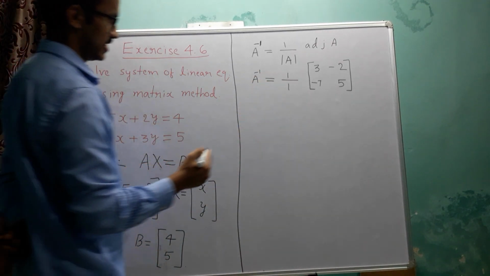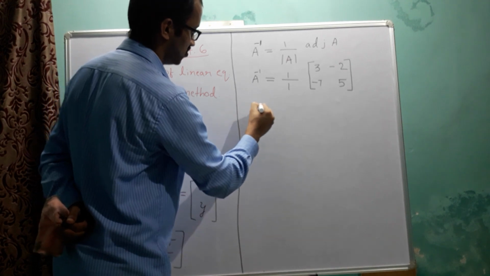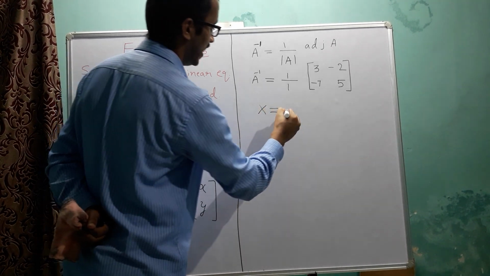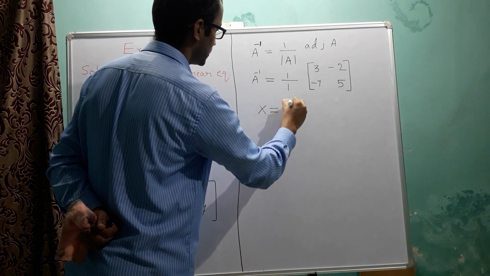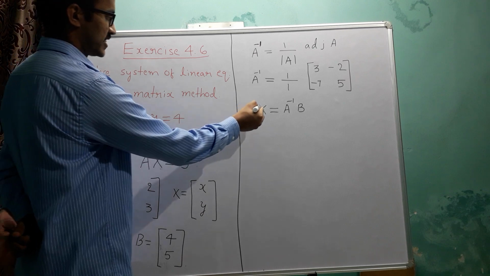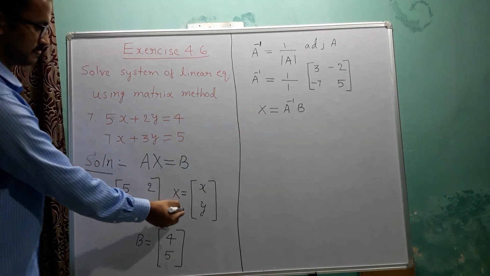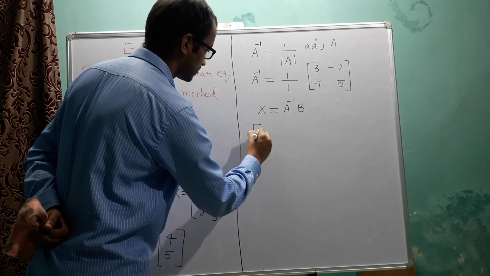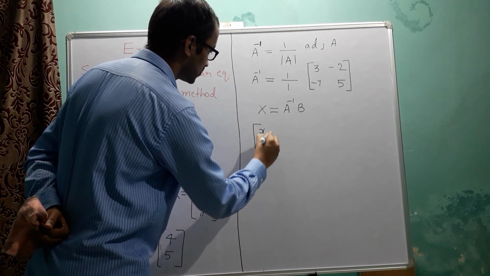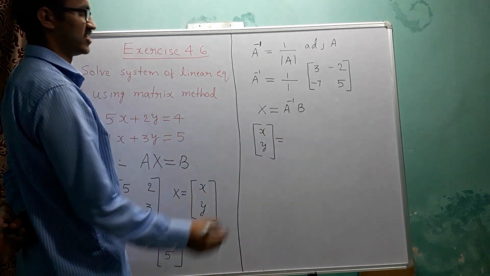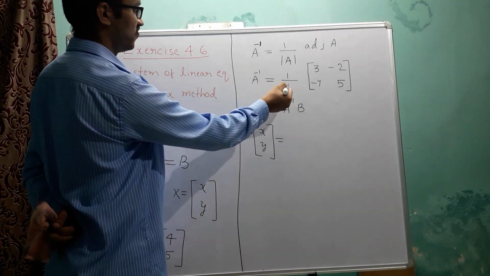Hence the solution: X = A inverse into B. So X is the matrix x, y, equal to the value of A inverse, that is 1 by 1, which means 1.